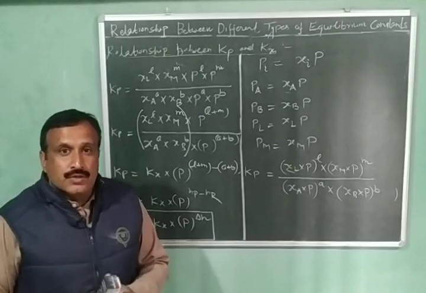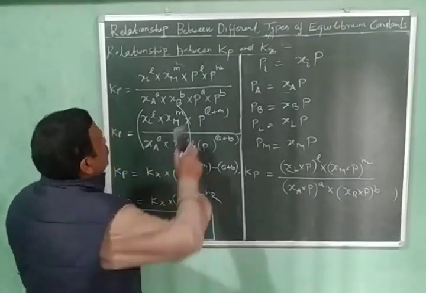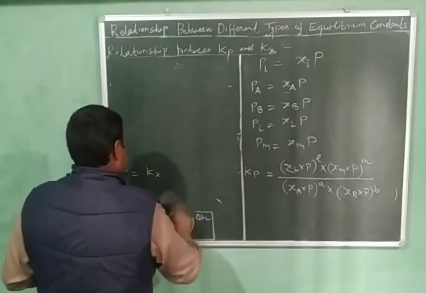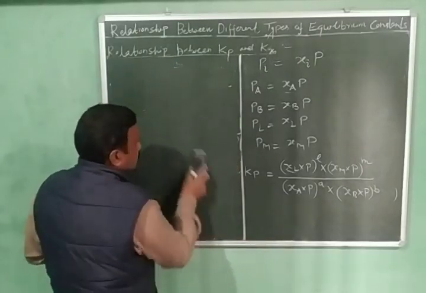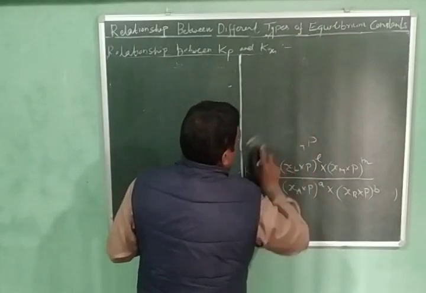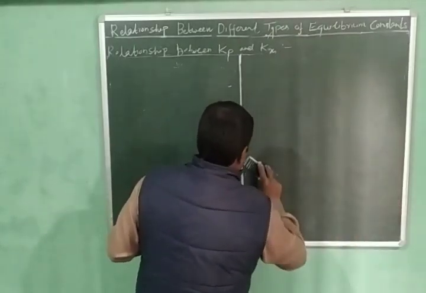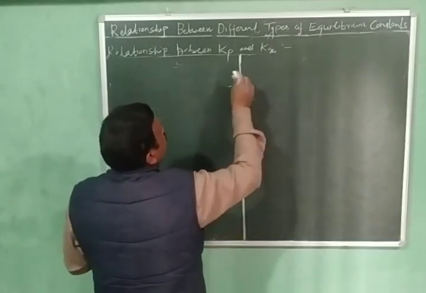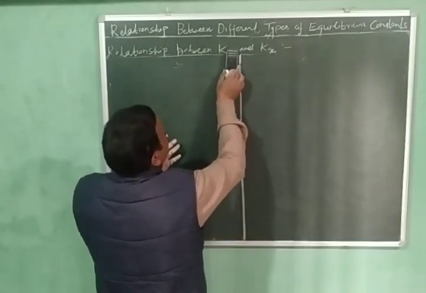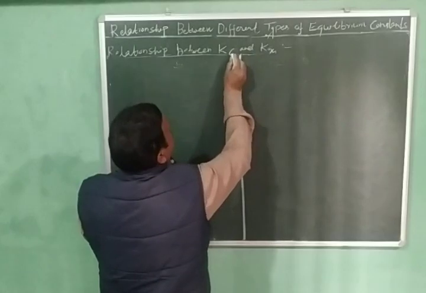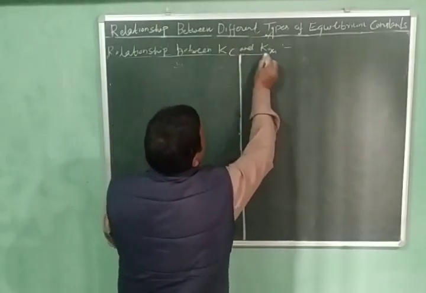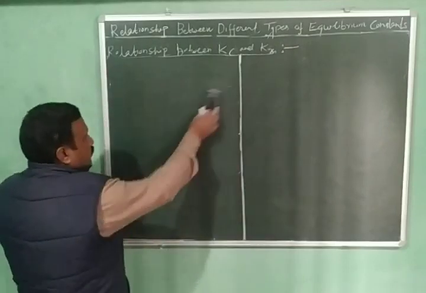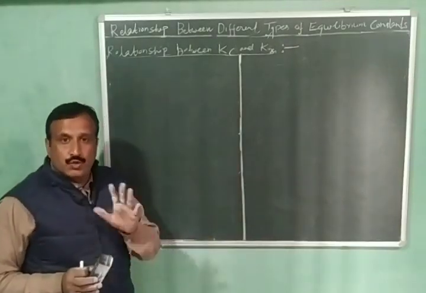Now let us derive the relationship between Kc and Kx. So friends, we have derived two relationships.